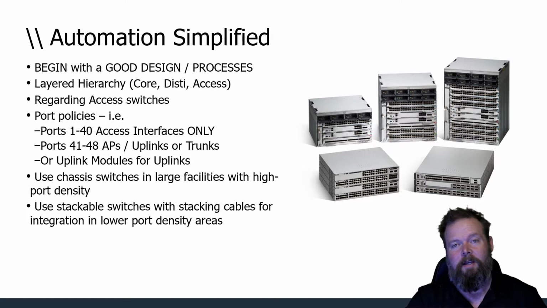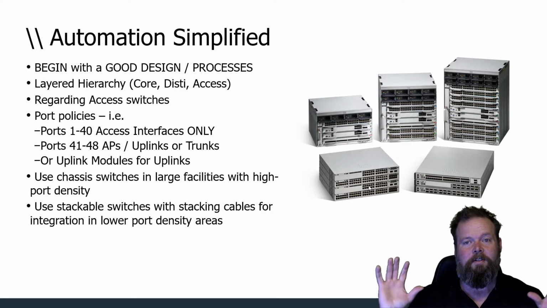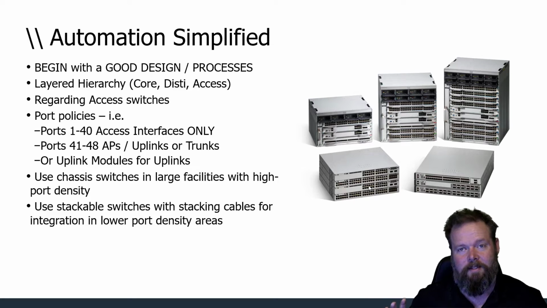So let's take a look at what Catalyst Center does for us. Now, before we jump into the Catalyst Center GUI and all that kind of fun stuff, let me just preface this conversation by saying anytime I'm going to do golden configurations, right? So back in the day, whenever I first started working with enterprise networks, we had to deploy, let's just say, 24 switches, right, that came in on a truck.